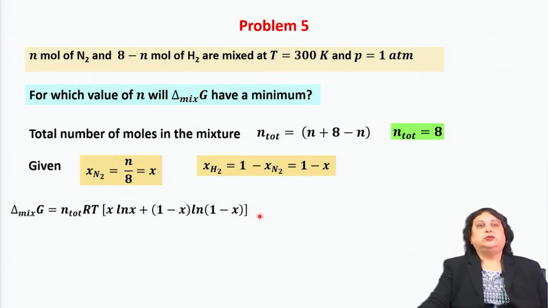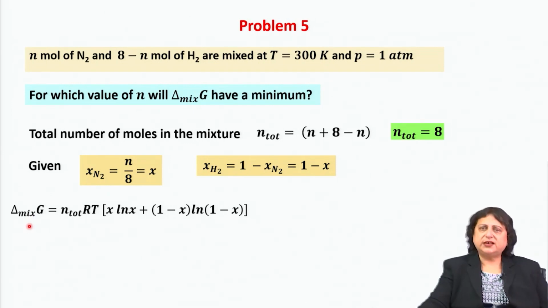Now, I can write down the free energy of mixing very easily in terms of the mole fractions of its two components, this contribution coming from the nitrogen and this contribution coming from the hydrogen. Now, my question is, what is the value of x, or in other words the value of n, for which delta G mix is going to be a minimum?